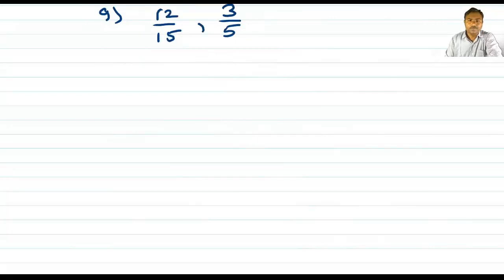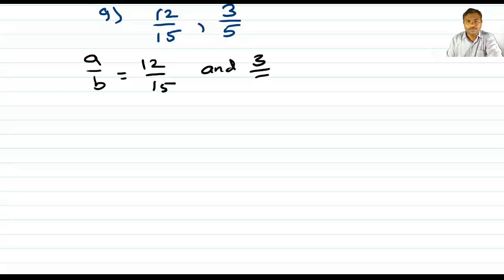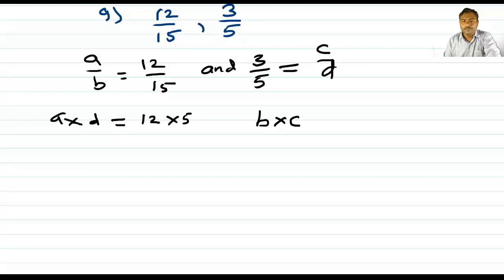Here, 12 upon 15 and 3 upon 5. If A upon B is equal to 12 upon 15 and 3 upon 5 is equal to C upon D. Here, B multiplied by C is equal to 15 multiplied by 3.